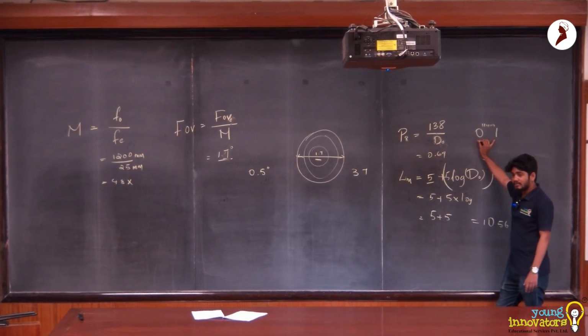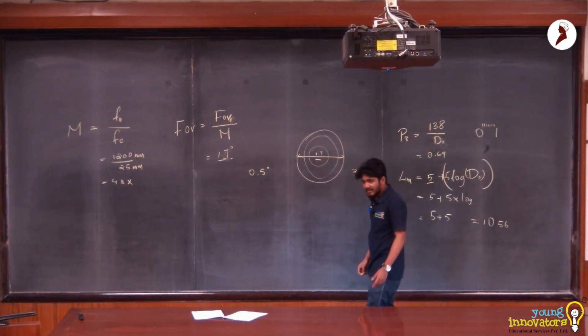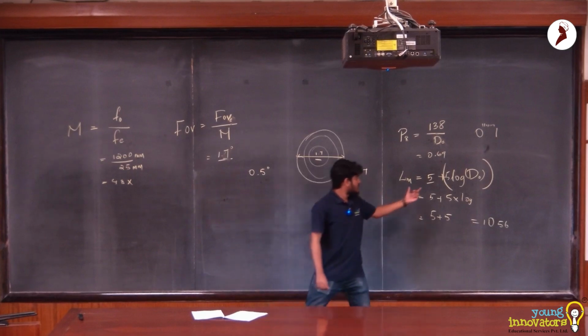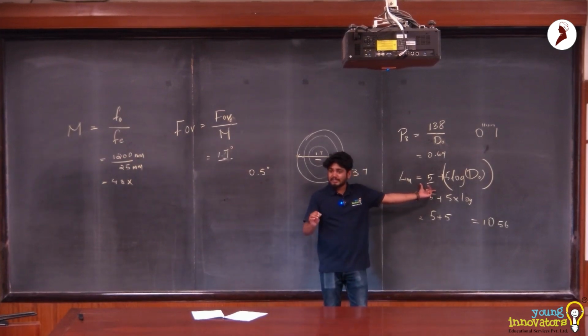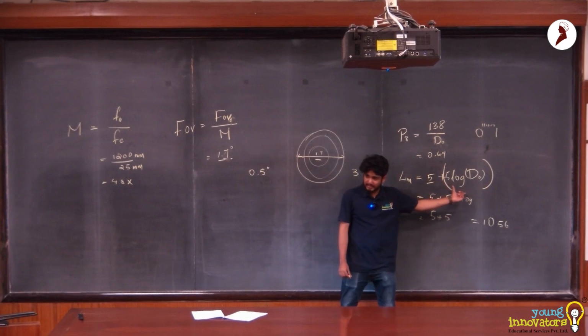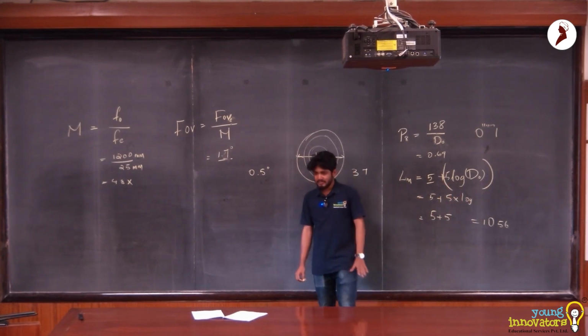And 130 millimeters? Exactly. Because this 5 is calculated for centimeters, you have to keep the unit the same. The standard 5 is in centimeters.